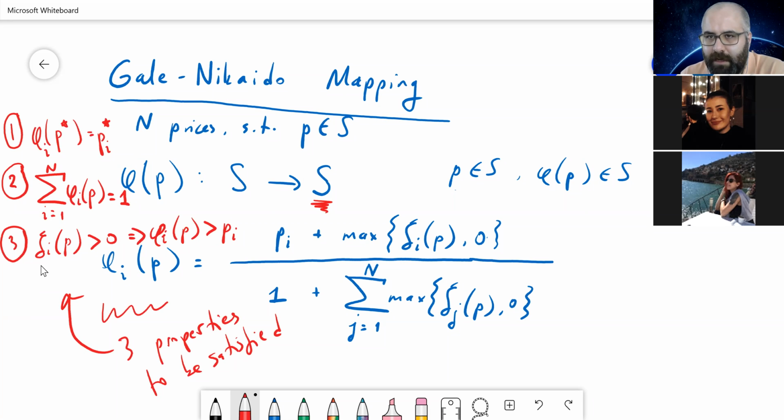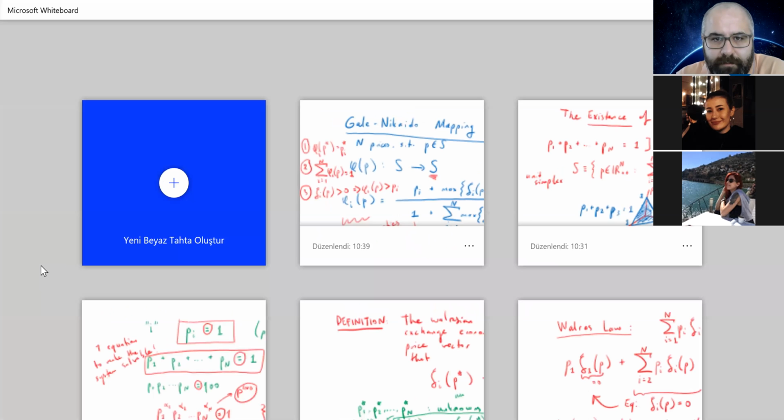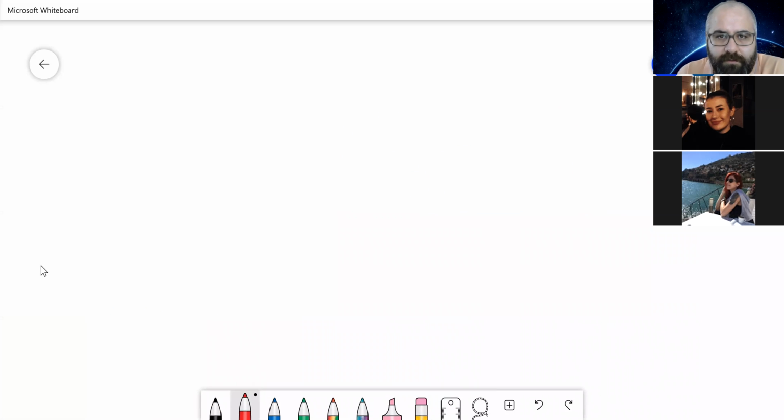Now I will show you it actually satisfies all three. The first one is very simple. So the first property, remember, in equilibrium, there must be no adjustment. So remember the Gale-Nikaido mapping.